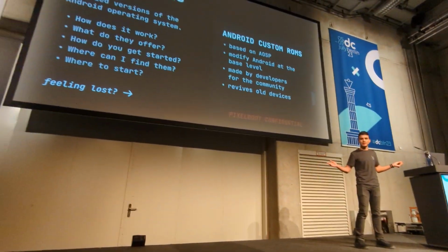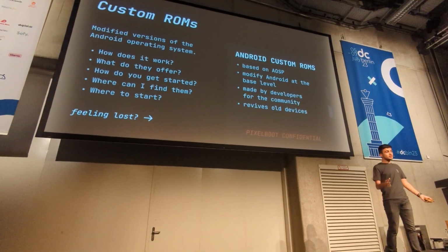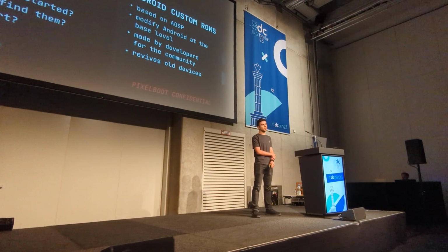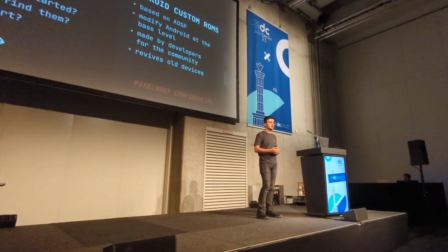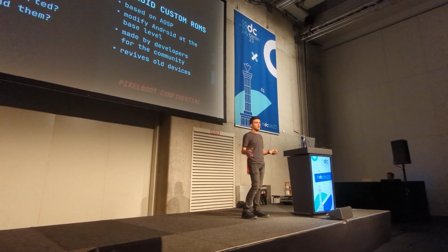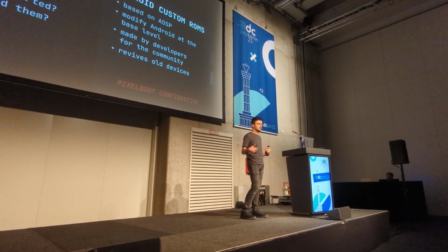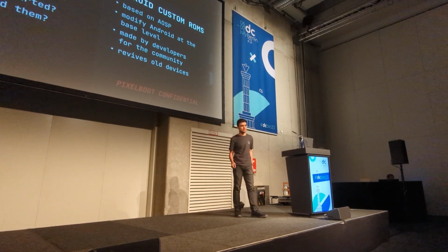Yeah? Why not? Custom ROMs. Custom ROMs are unofficial distributions of the Android operating system. And who makes them? Developers like us in the hobbyist community, not people from a company. We are free to do our own work to continue making unofficial versions of the Android operating system work on our phones.